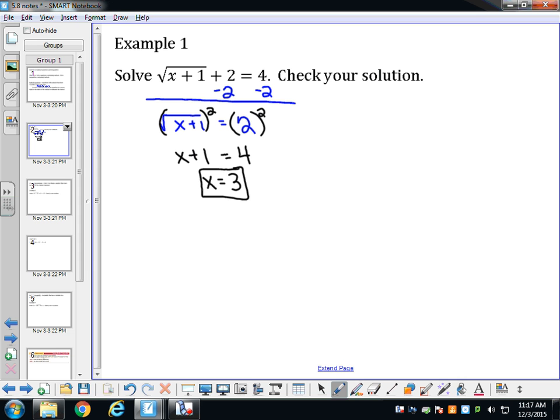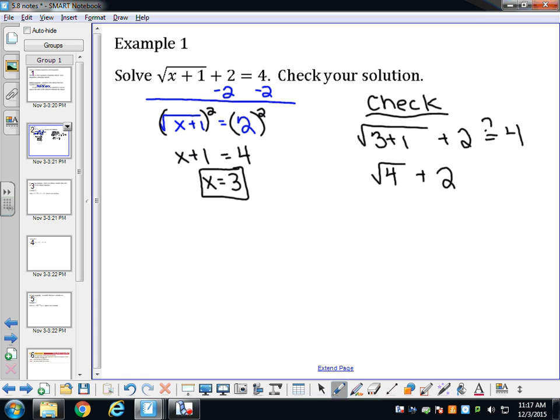Now, with these problems, we must check our solution. So, is the square root of 3 plus 1 plus 2 truly equal to 4? So I get the square root of 4 plus 2.